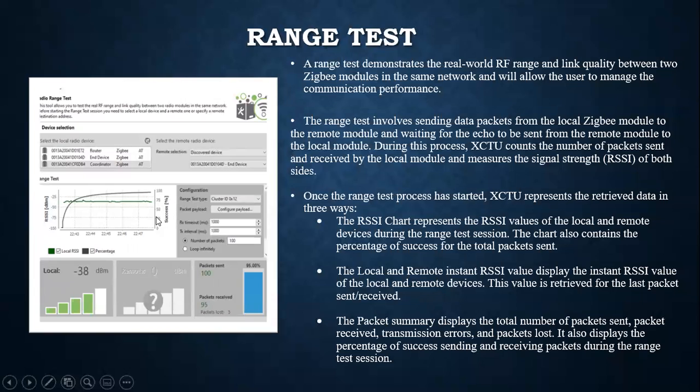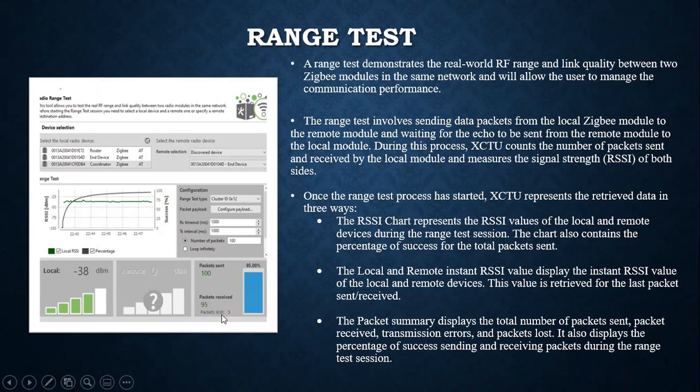We also have our local and remote instant RSSI value display, which is used to make sure that the last packet has been sent or received. And we have the value of our packets and how many have been sent.